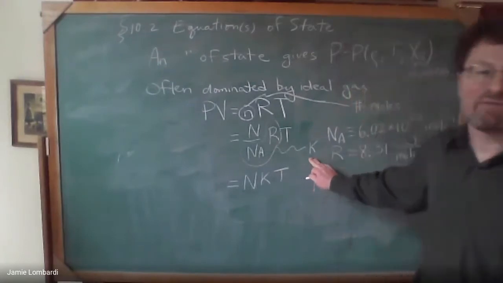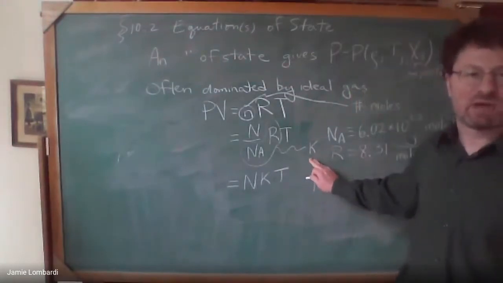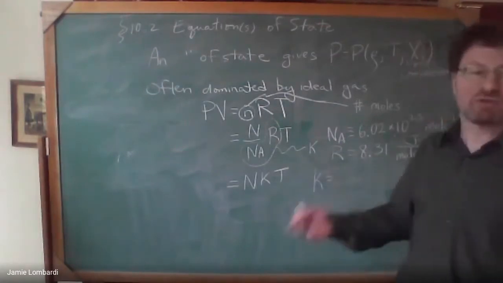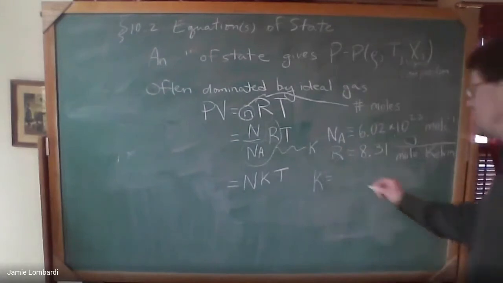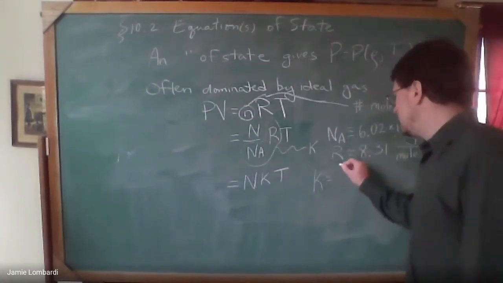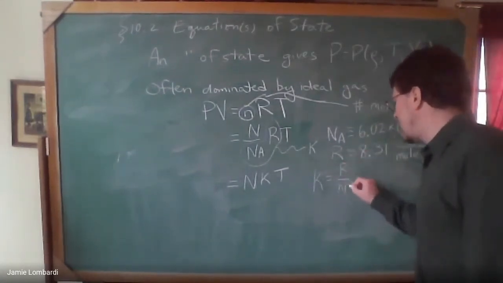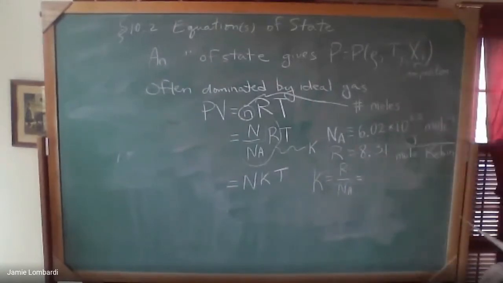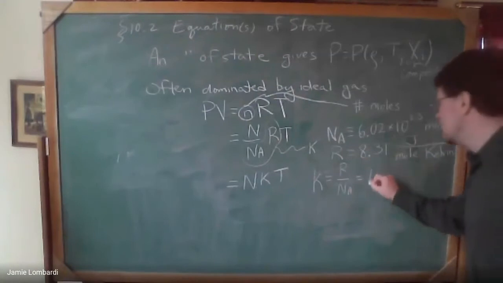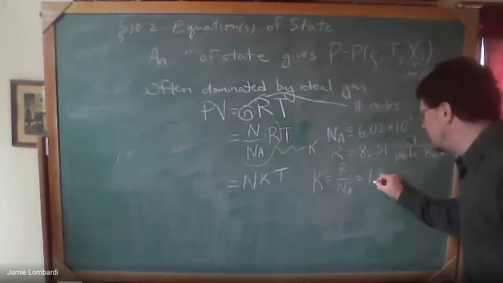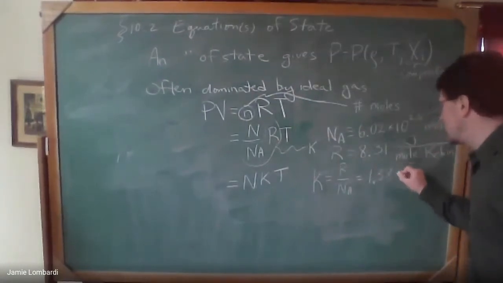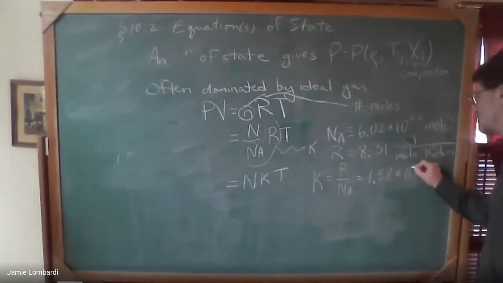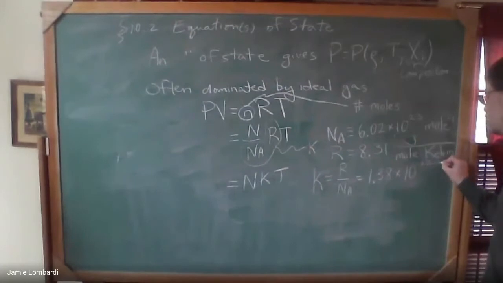But you may not have appreciated that those two things are linked together very simply by Avogadro's constant, N sub A. In fact, you can see that k is just R over N sub A. And if you were to take that value of R and that value of N sub A and divide them, you would get the value of k that you've probably looked up on the inside front cover of your textbook before, 1.38 times 10 to the minus 23 joules per Kelvin.